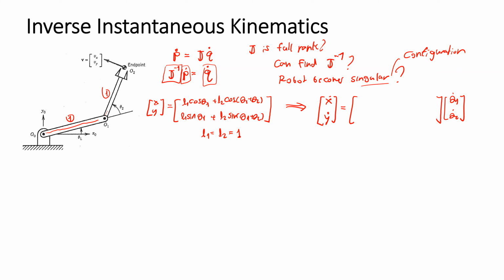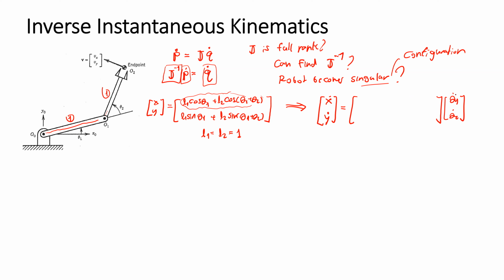So the Jacobian here has 4 components. For the first component, you need to differentiate the x position by theta 1.